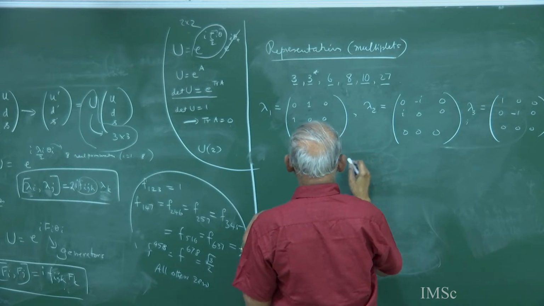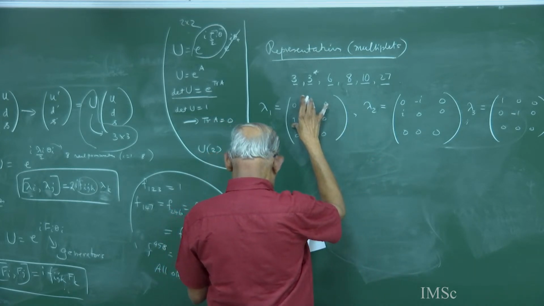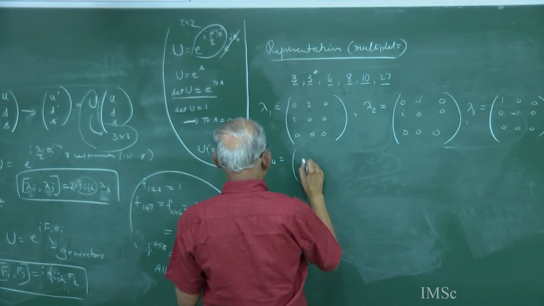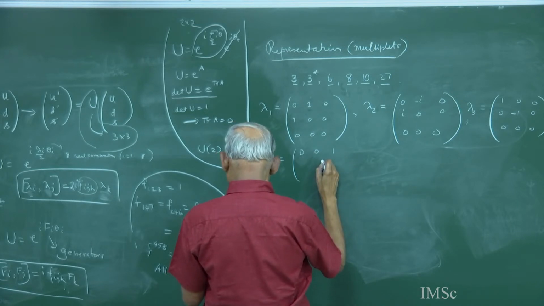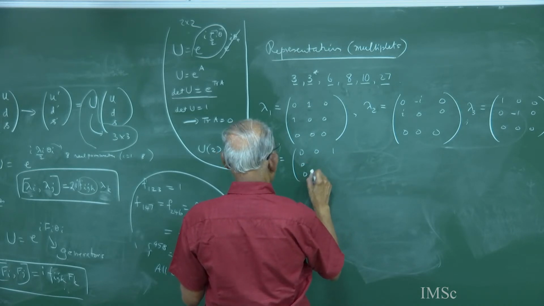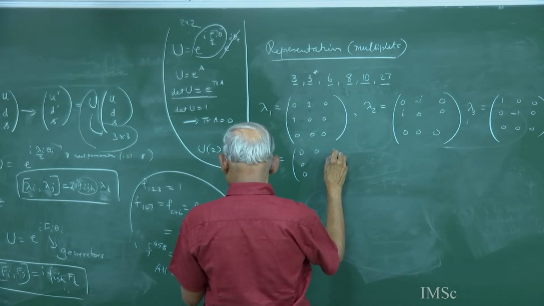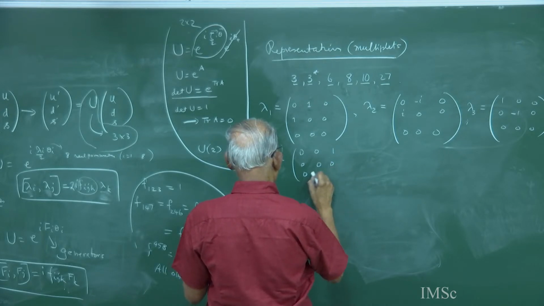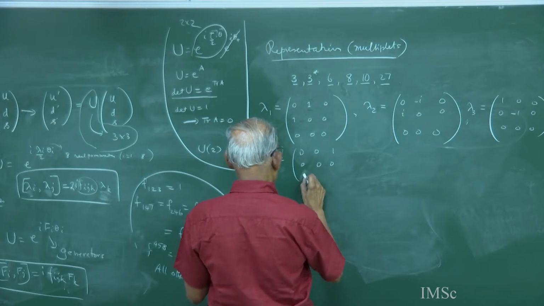And 4 and 5 also are Pauli matrices, but not in 1-2 space, but in 1-3 space. So it should be 0 0 1. First of all, let me put the zeros here. This is 1 3. Again, I made it wrong.